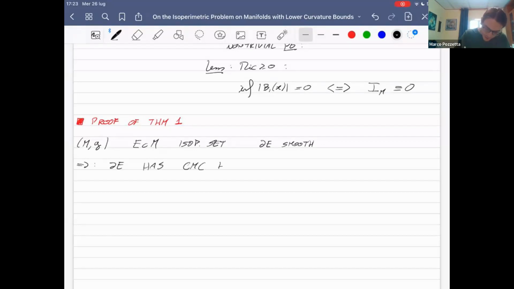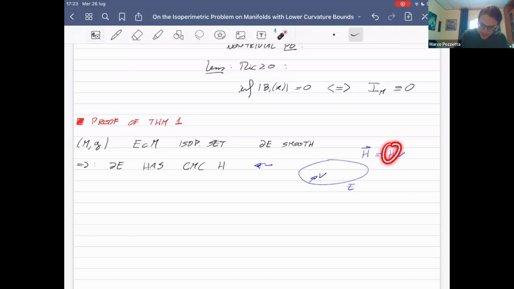And I will denote it by H. So what I mean in a picture is that if this is my set E, and this is the inner unit normal, let's say the mean curvature vector is equal to H nu. So this is my convention on H. And also I am thinking that the value of H is just the sum of the principal curvatures, not the arithmetic mean. So this is just to tell you my convention. Anyway, an isoperimetric set has constant mean curvature.